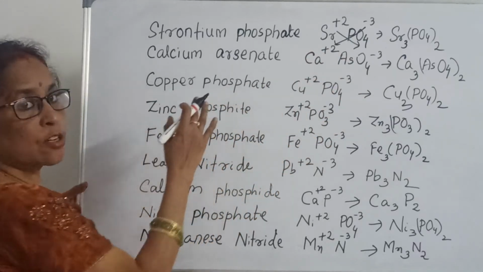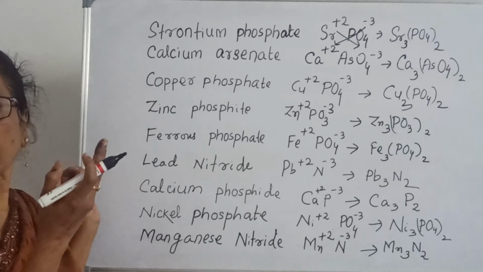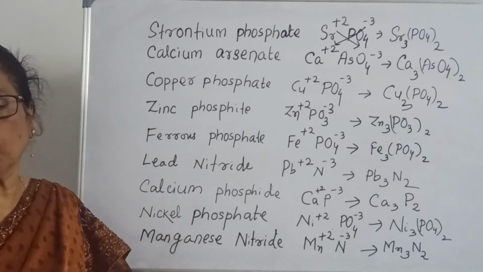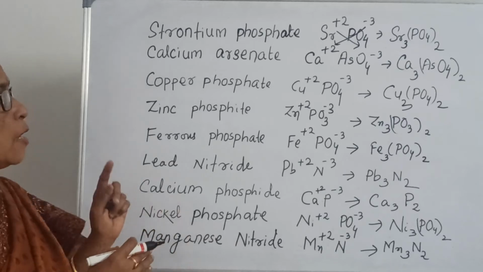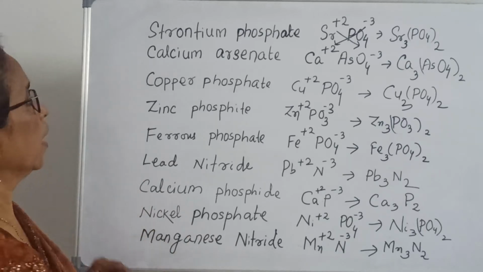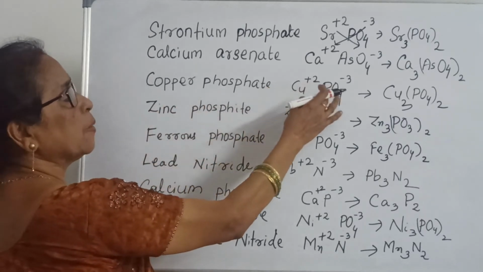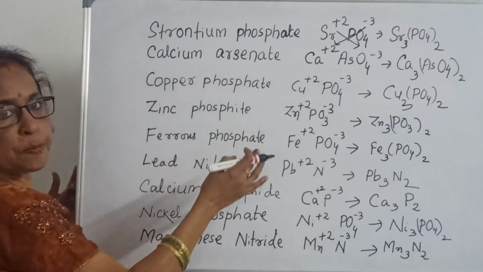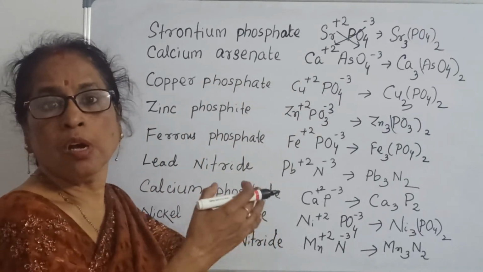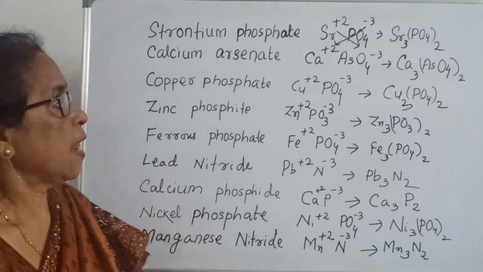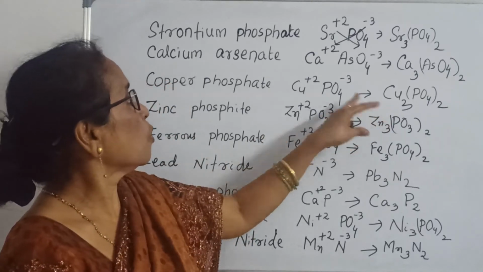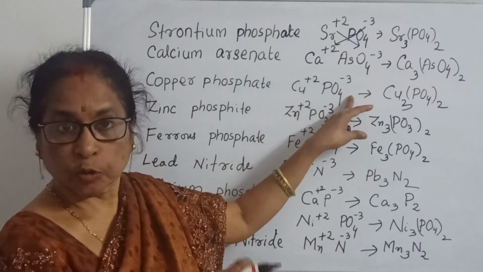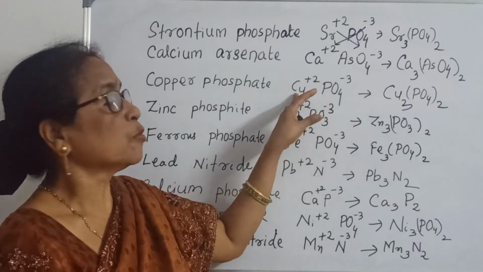Copper phosphate. I told you copper has two types of charges, valency: plus 1 is cuprous and plus 2 is cupric. So you can say cupric phosphate, also known as copper phosphate, commonly known as copper phosphate. Then the 2 comes with the phosphate and 3 comes to Cu.